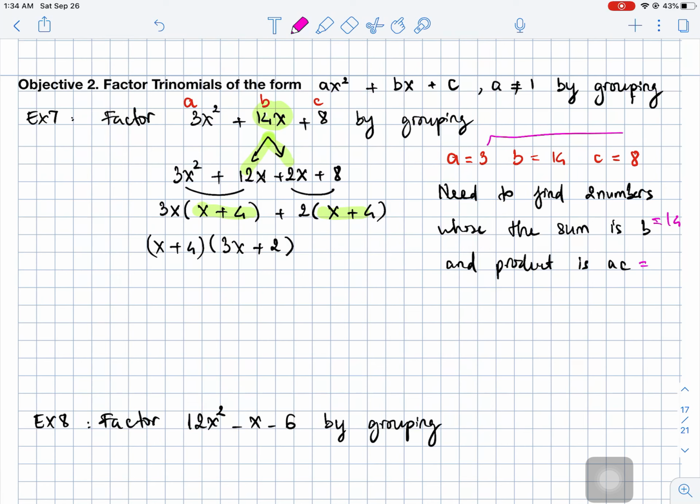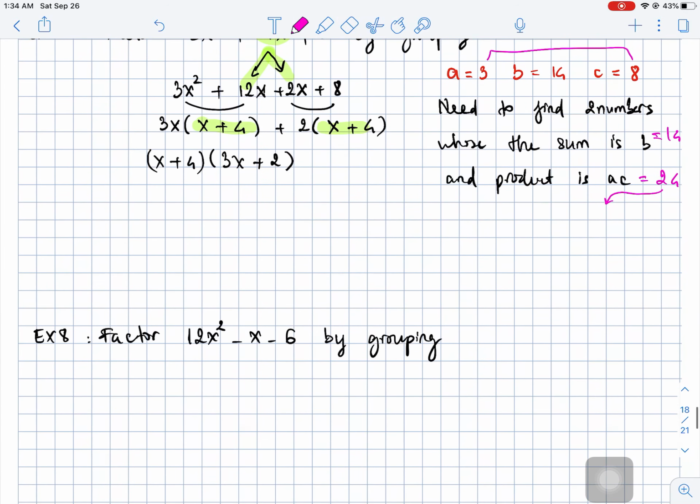So in this case, B is 14. AC means A times C, so A times C is 24. We need to think about the 2 numbers that multiply to give 24 and add up to 14. We begin from the product.